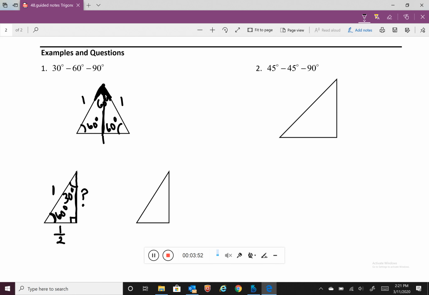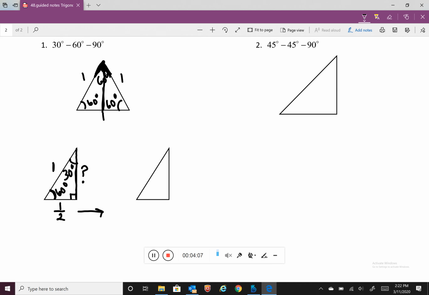Now we can do so right as we have with the base being 1/2, and now we have a hypotenuse of 1. Or we can recognize that I can actually maintain the ratio of this triangle if I double the base. So double of 1/2 becomes 1, but I need to keep maintaining all of the other properties of it. So if the base was 1/2 of the hypotenuse, now the hypotenuse has to become 2.